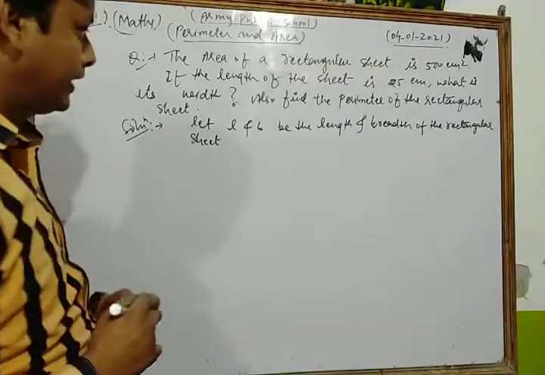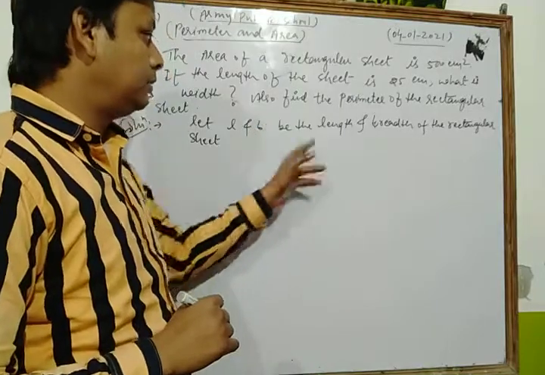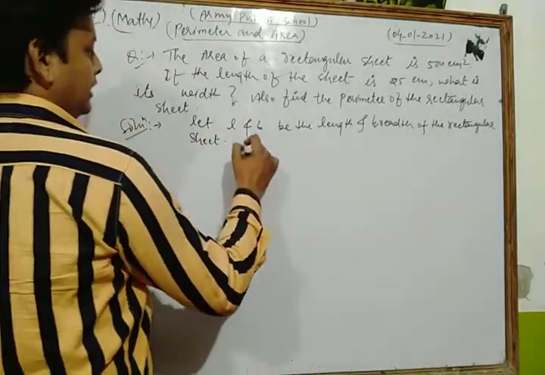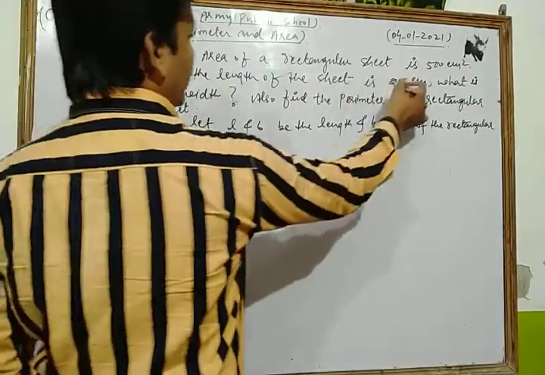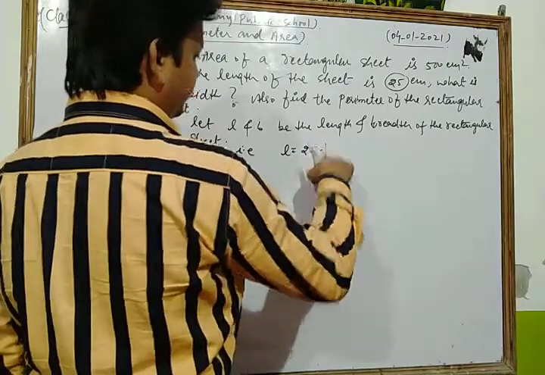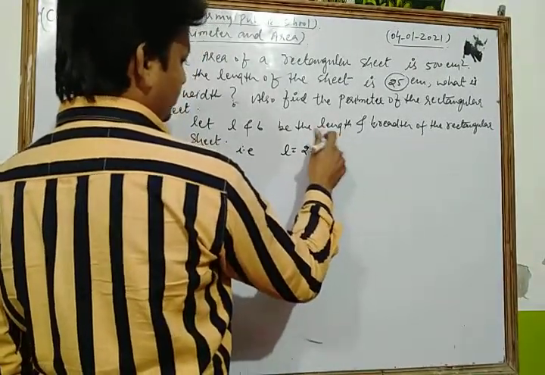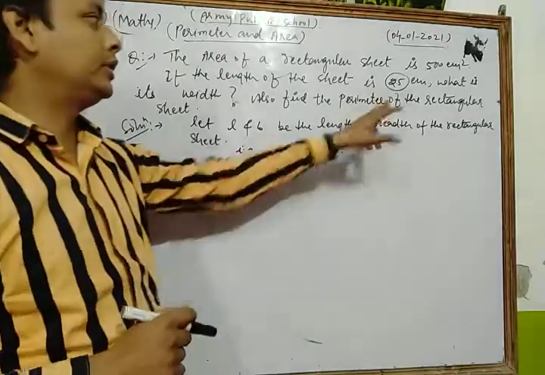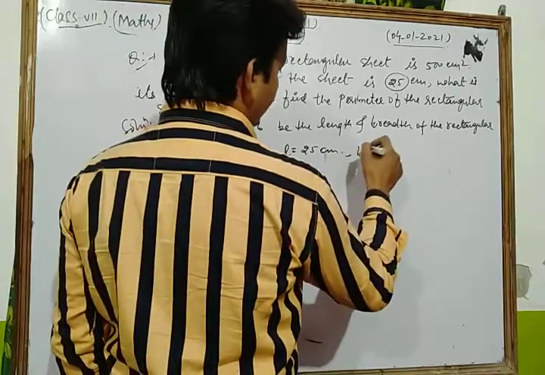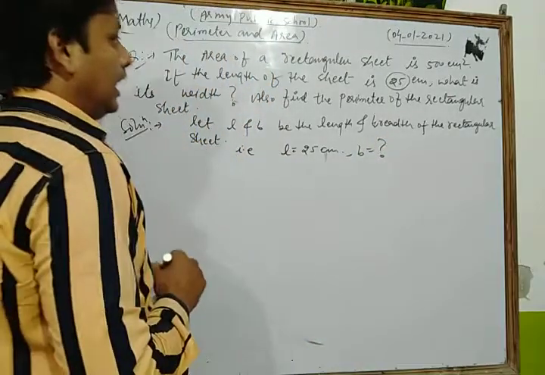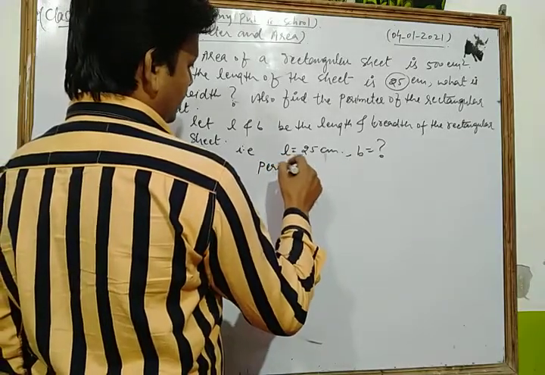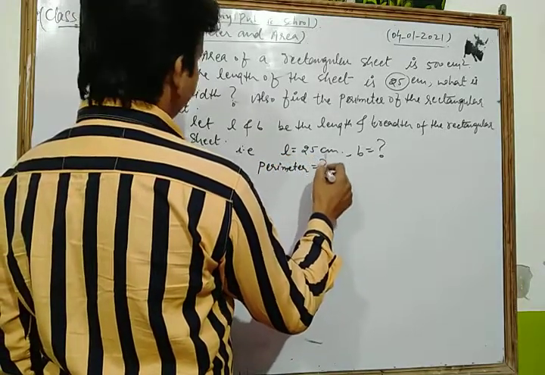The length of the sheet is given as 25 centimeter. What is its width? We find its width, that is B, and also find the perimeter of the rectangular sheet.